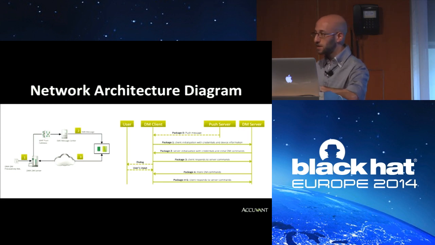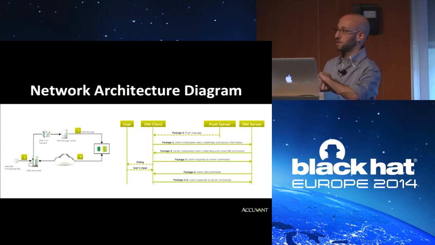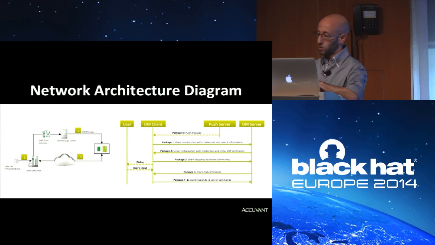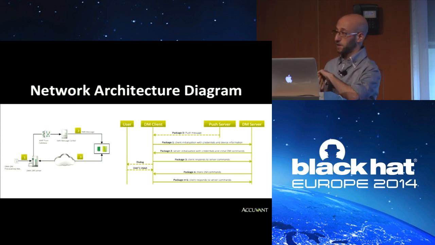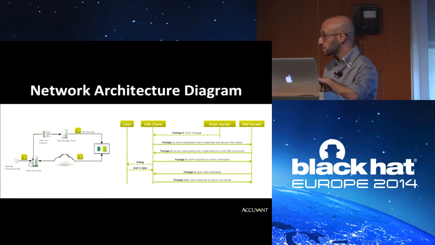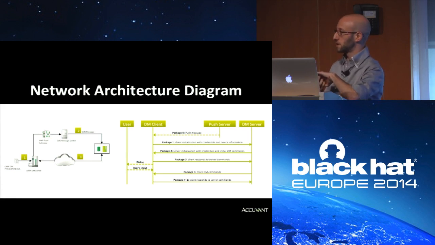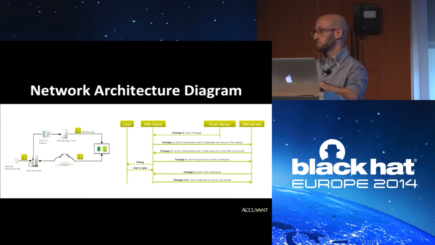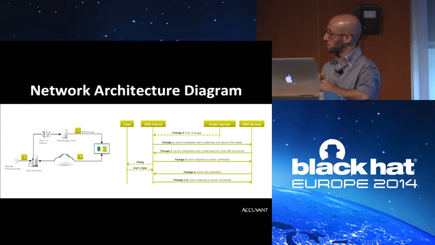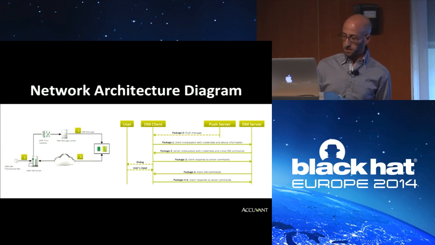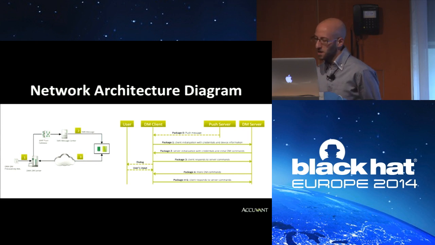The device receives it. If the carrier chooses to, it will notify the user. Otherwise, it will be silent. The device will then connect back to carrier servers, receive their updated configs, or perform any management tasks that were asked. Back and forth, fairly straightforward, somewhat.